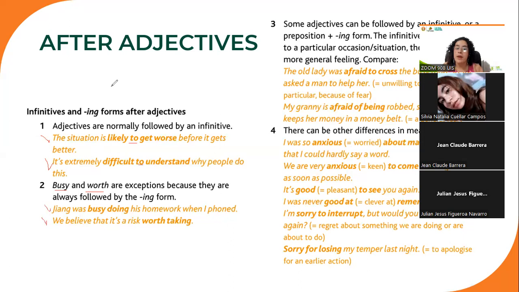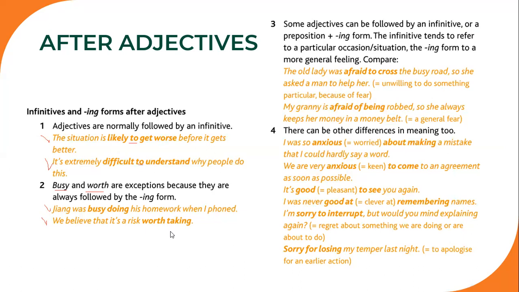Okay, so remember, busy and worth, these two adjectives are always followed by the ing. Busy doing something, busy working, busy traveling, okay? And worth taking. This is a common phrase in English. Es un riesgo que vale la pena tomar. It is a risk worth taking, okay? With ing.